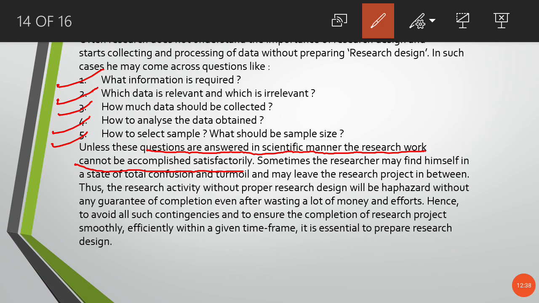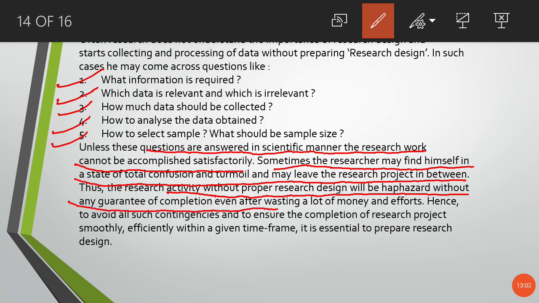Sometimes the researcher may find himself in a state of total confusion and turmoil and may leave the research project in between. Thus, research activity without proper research design will be haphazard, without any guarantee of completion, even after wasting a lot of money and effort.